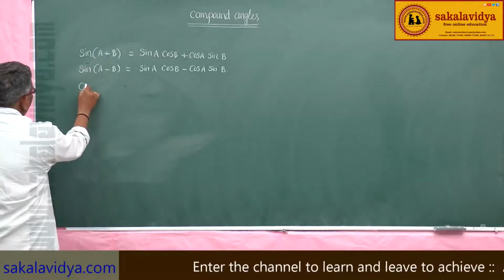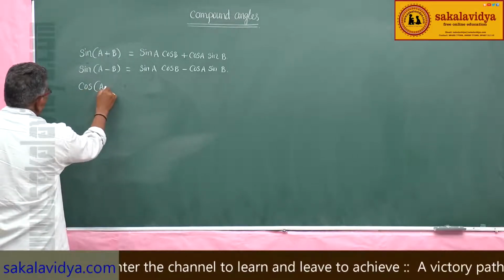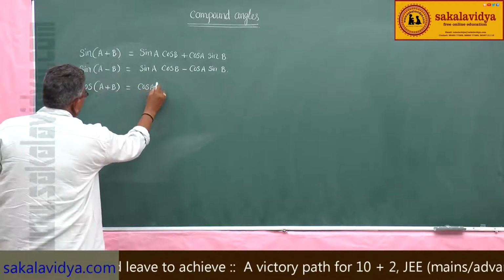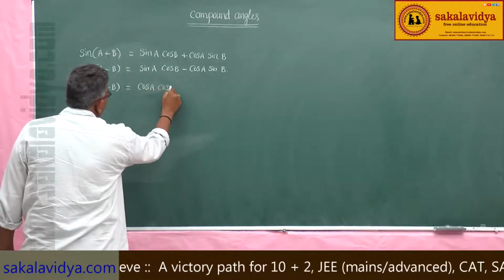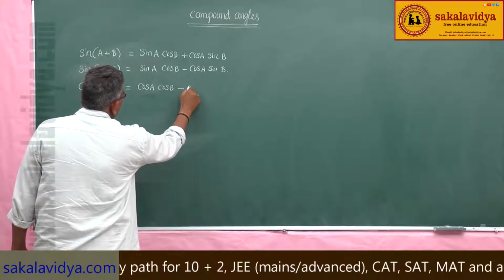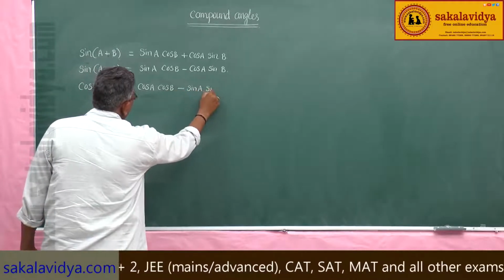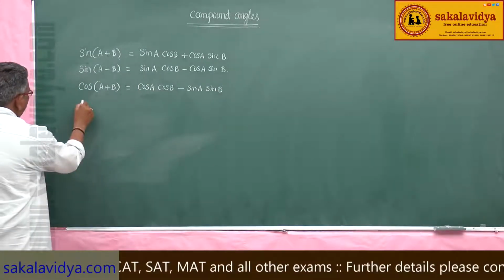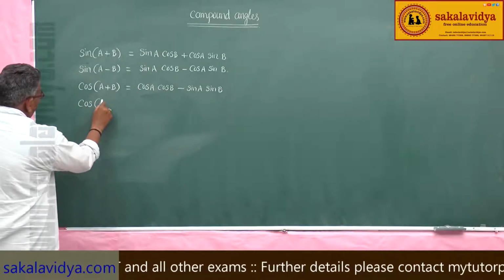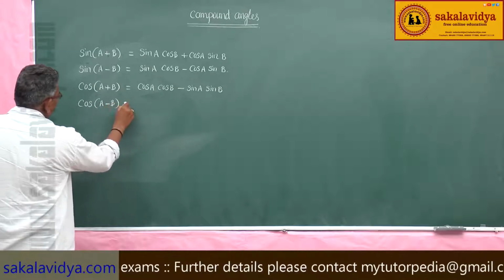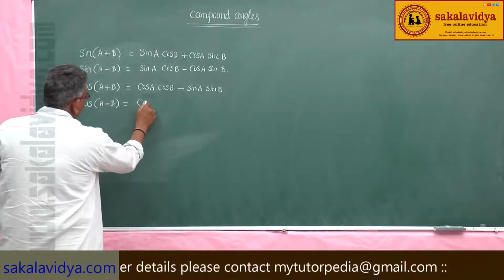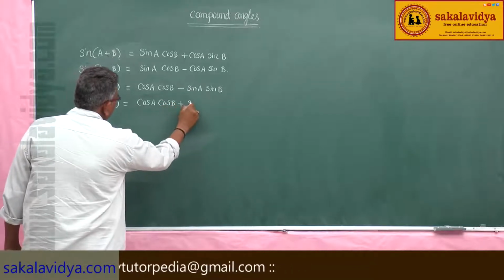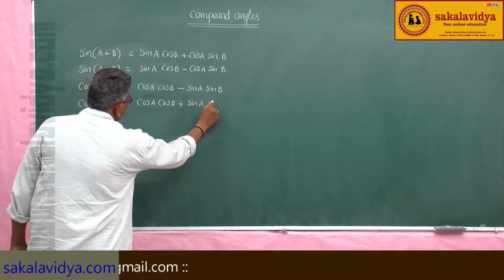Now, cos of A plus B. Cos of A plus B is equal to cos A cos B minus sin A sin B. Now, cos of A minus B. The value of cos of A minus B is equal to cos A cos B plus sin A sin B.